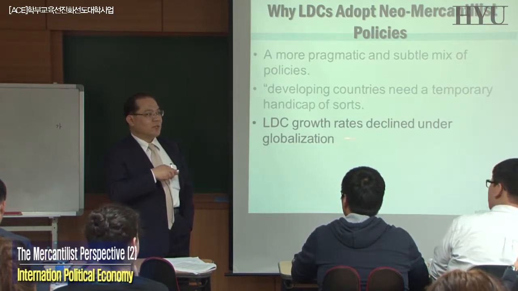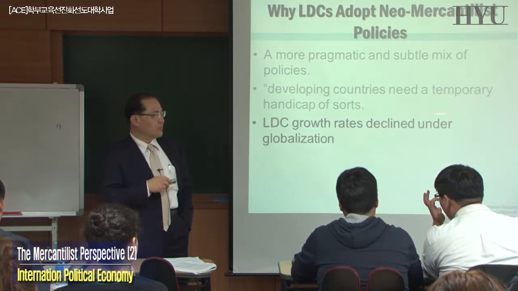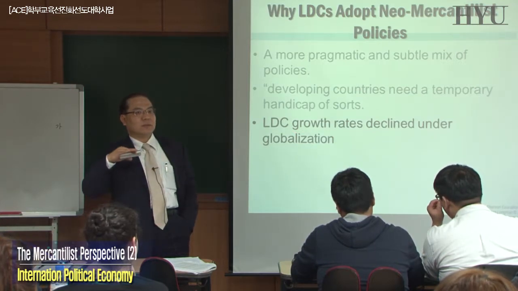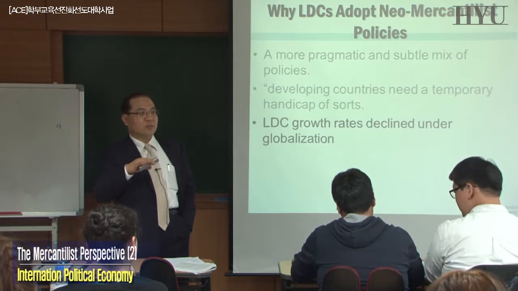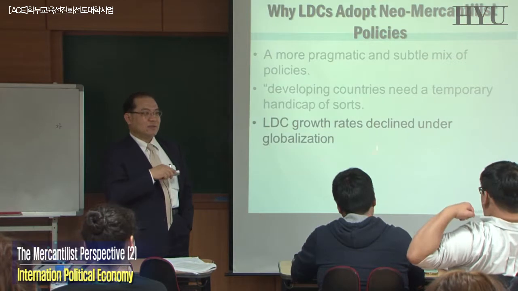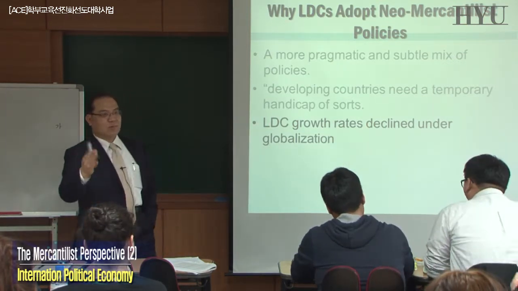This is the argument made by anti-globalization scholars, right? Development conditions and growth rates in many developing countries worsened after globalization. This is the argument. But the opposite argument also can be made.